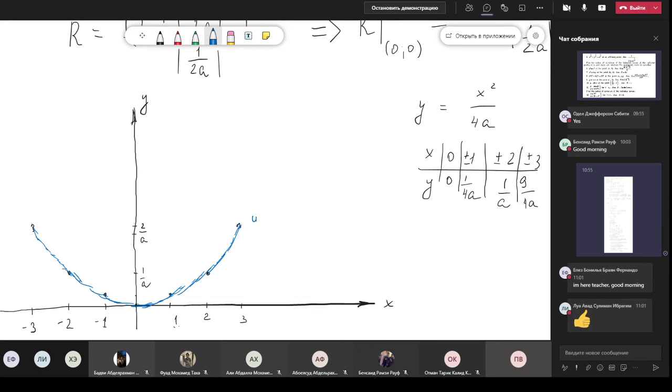At this point y is x squared over 4a, this point 0, 0.